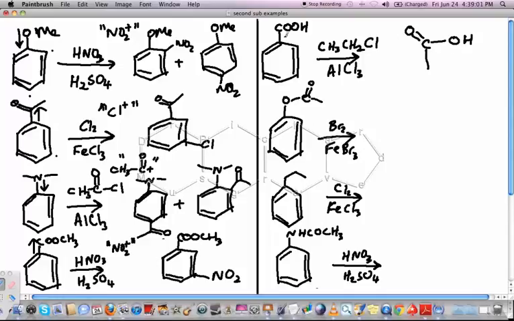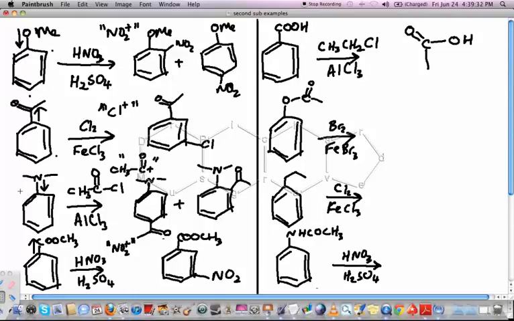And the only way that we can express this and have it make sense is to have the C double bonded to the O. There's no way that we can do something like this. It just does not work out because now you have short bonds on the carbon, so we know that just does not make sense. The only way we can make it make sense is to double bond the C to the O and bond the C to the OH. And that is the accepted way of writing that.